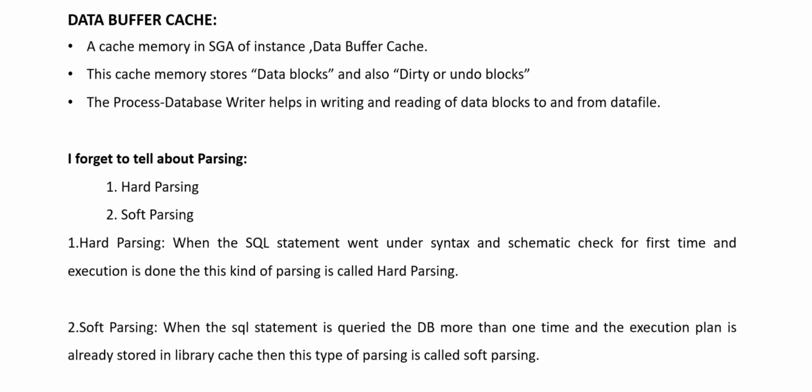The listener is just a mediator which transfers the details of the user from the user process to the server process. The server process verifies each and every user detail and also the SQL statement, and transfers the SQL statement to the instance region, to the SGA region.